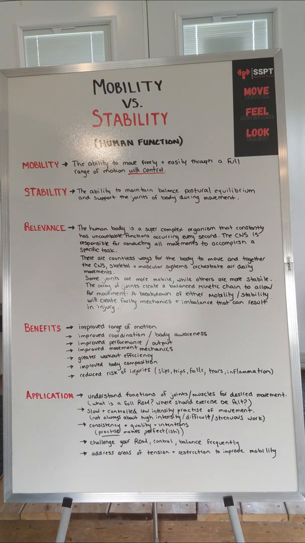You're looking at improved coordination and body awareness, improved performance or just exercise output, and improved movement mechanics, so your muscles and your joints are working as they should be. You're not using distorted or faulty movement mechanics. You don't have imbalances going on. You don't have ranges that feel restricted or stuck or just uncomfortable.